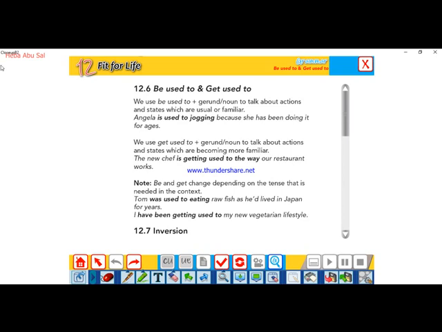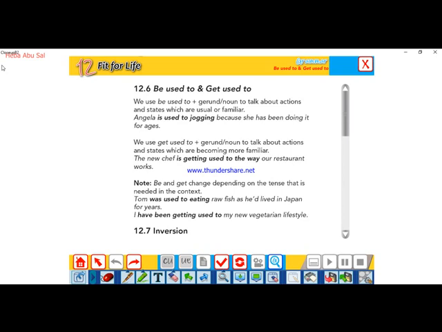Now, once you see this title, you will remember something that we have taken previously called used to. Is there any difference? Are they the same? And if they are the same, why is each one given separately?